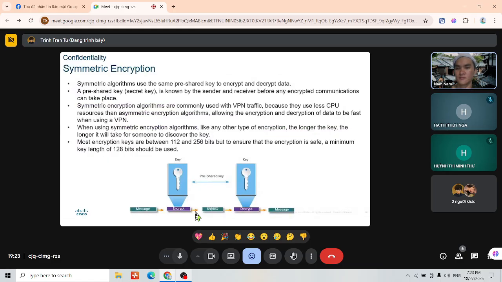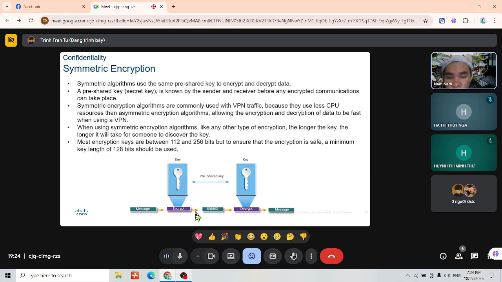The symmetric algorithm uses the same pre-shared key to encrypt and decrypt data. A pre-shared key, which stands for secret key, is known by the sender and receiver before any encrypted communication can take place.